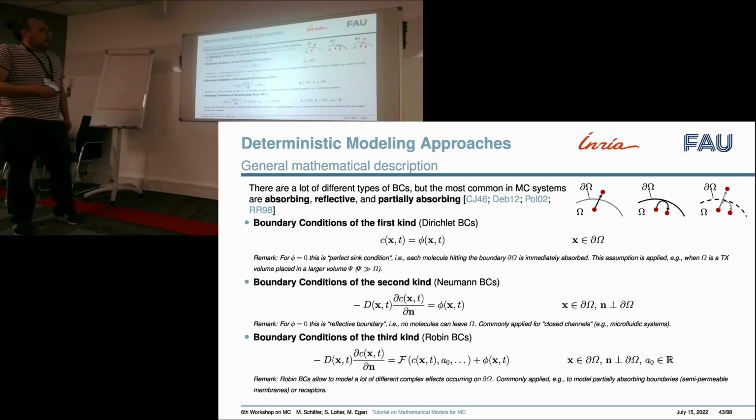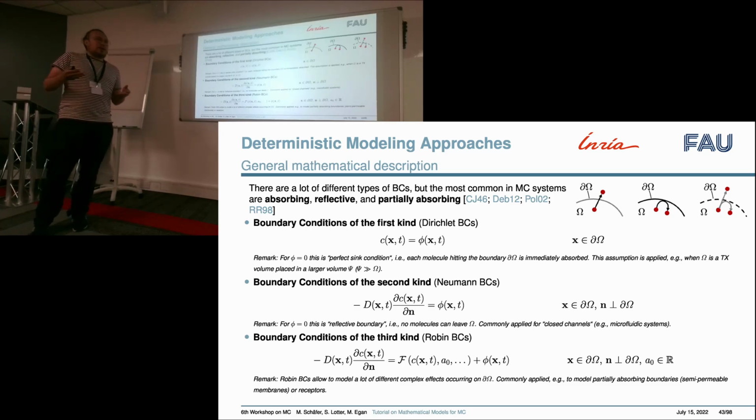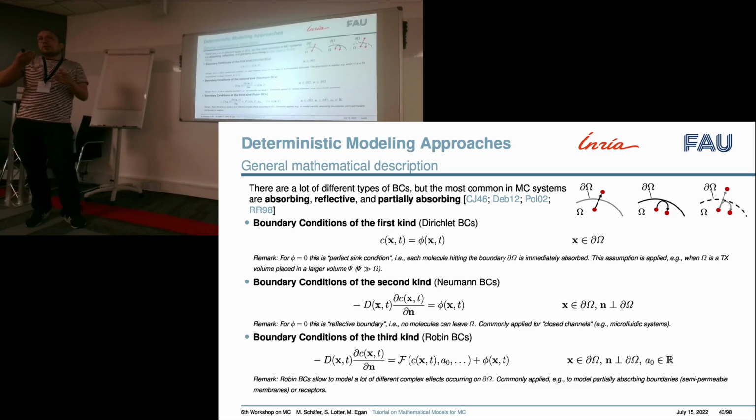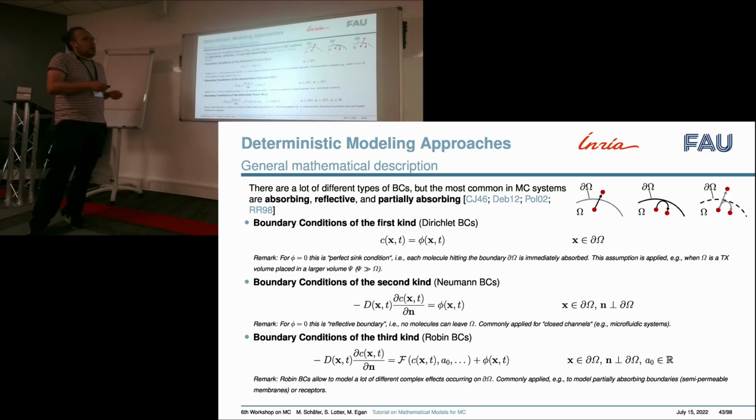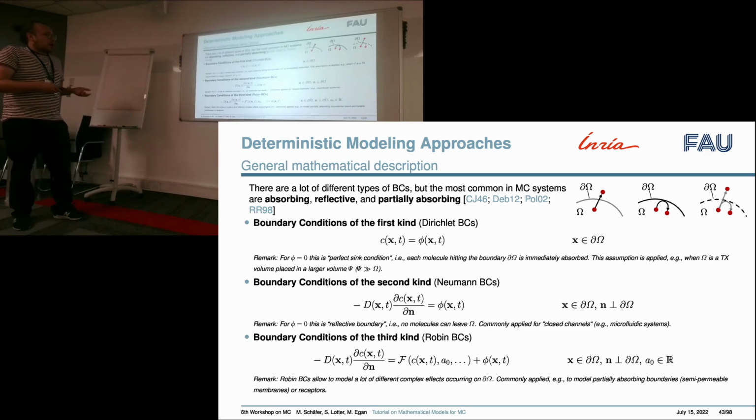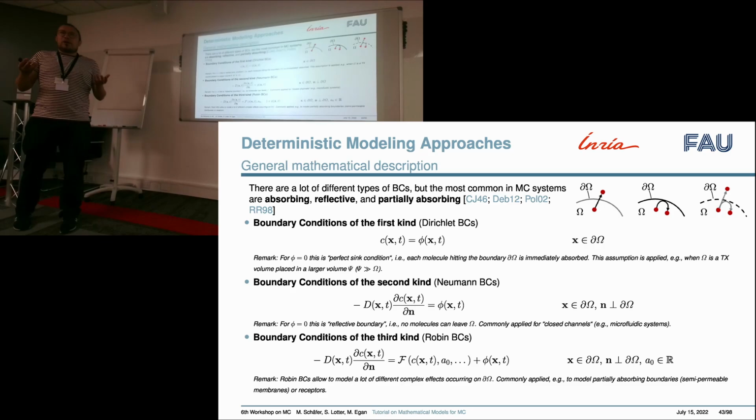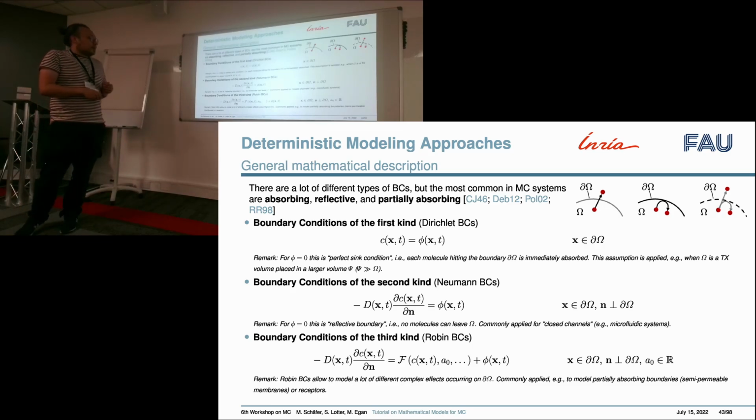The second type are so-called Neumann boundary conditions. They define a condition here, for example, for the flux which is going out of my system. Assuming that this flux is 0 would be this picture, and then we would have some kind of perfectly reflecting boundary. So we have no outflux, and each molecule that hits the boundary is reflected back. The third type is the most powerful type, boundary conditions of the third kind.